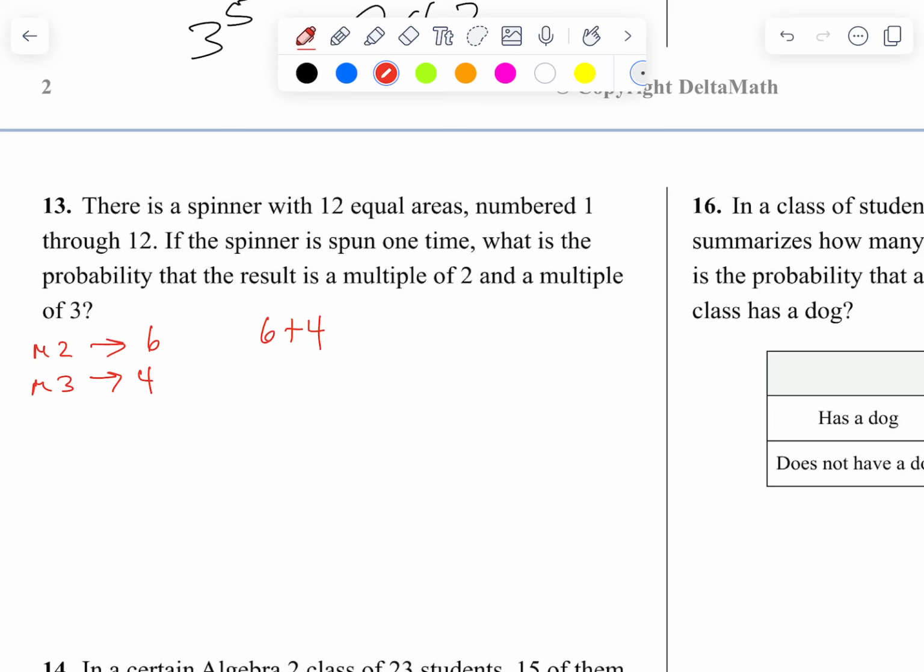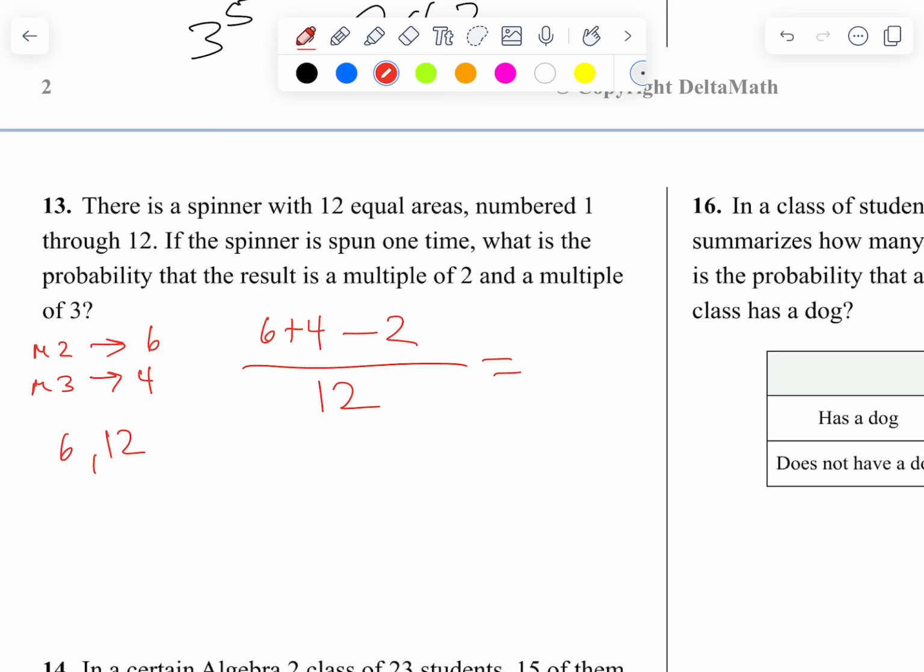So if I do 6 plus 4, that's too many. So I got to subtract off the ones that I counted twice. So 2, 4, 6 is a multiple of 3, 8, 10, 12 is a multiple of 3 and 2. And that'll be it. So I gotta subtract off 2 out of the total, which would be 12.